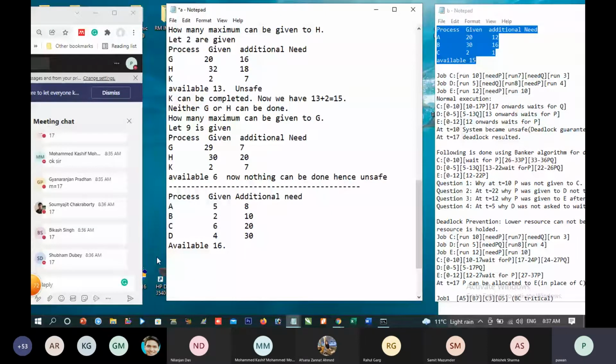We can do A and B. A and B can be done. Now 16 plus 5 plus 2 equal to 23 available.